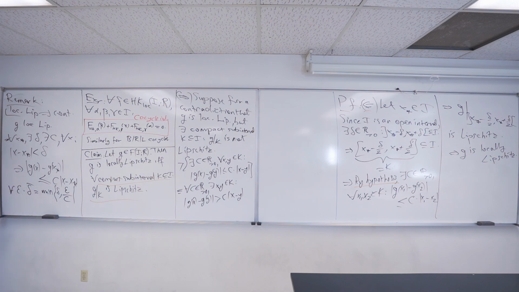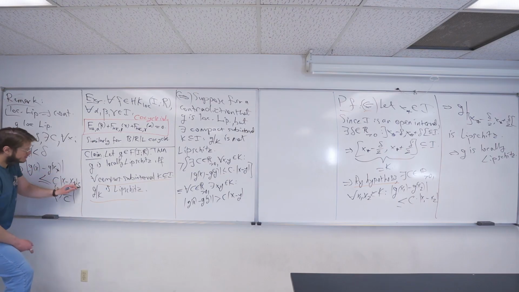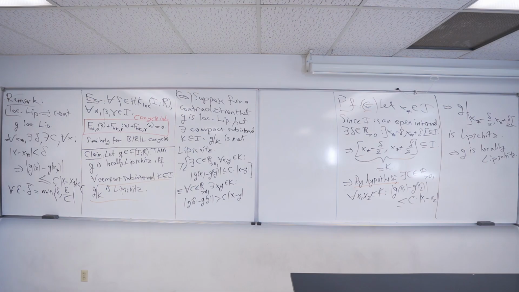That's still a positive number. And if x is delta bar close to x star, this is going to be bounded by epsilon, which means the output is going to be bounded by epsilon also. All this is to say local Lipschitz implies continuous.